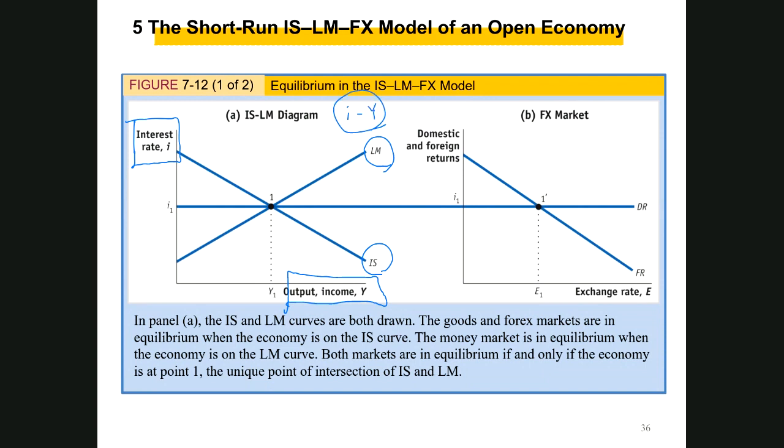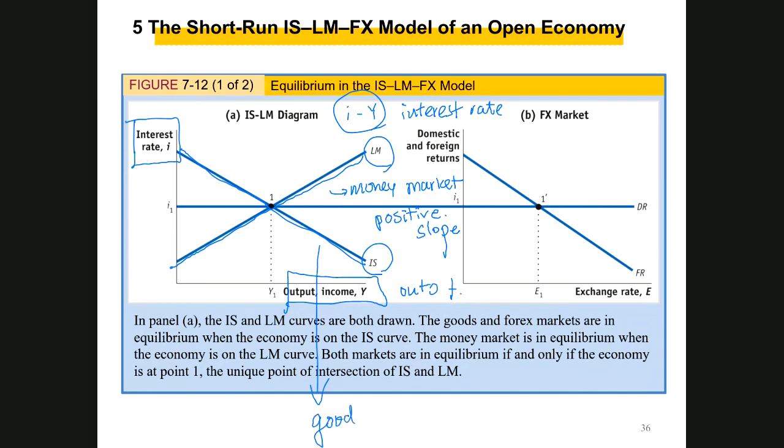Interest rate and output space. At least you need to know the LM curve represents the money market, and this one has a positive slope. The IS curve represents the goods market, and this one has a negative slope.